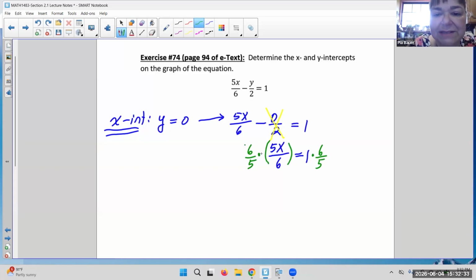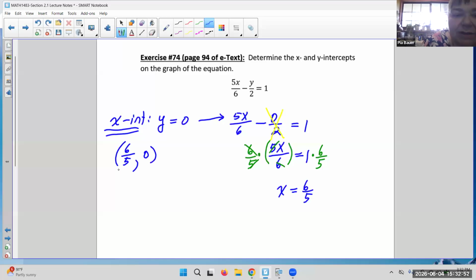So what happens is the 6's cancel out, the 5's cancel out, and it leaves you just 1x. X. On the other side is 1 times 6/5 will just be 6/5. So the x-intercept will be 6/5, and the y value is a 0.